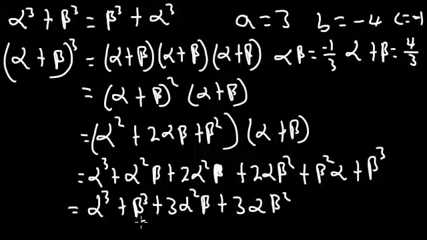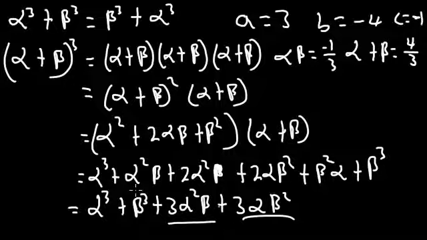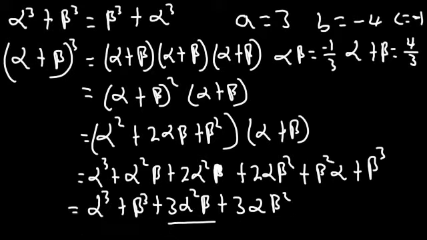Now the goal is to isolate alpha cube plus beta cube. So these 2 terms can be taken to the side, or we should subtract both sides by 3 alpha squared beta and 3 alpha beta squared. Okay. So we have the space. Let me get rid of this right now.